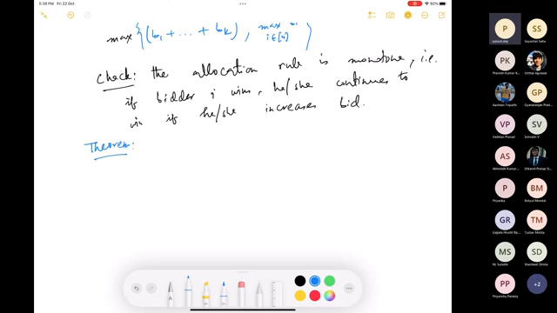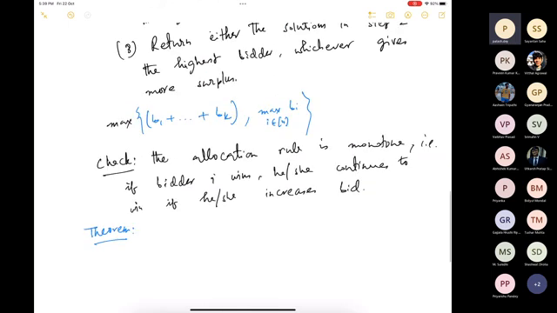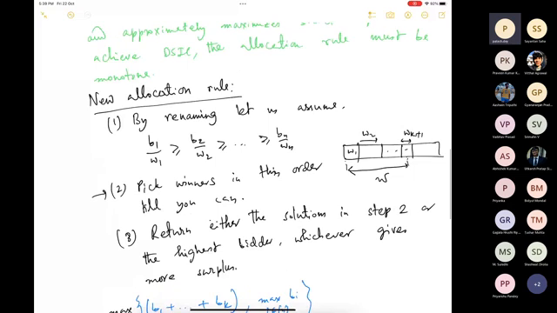Hence, combining the payment rule, the mechanism that we will get, every player will bid truthfully. That is from Myerson's lemma. So, assuming truthful bids, let's call this a greedy allocation.